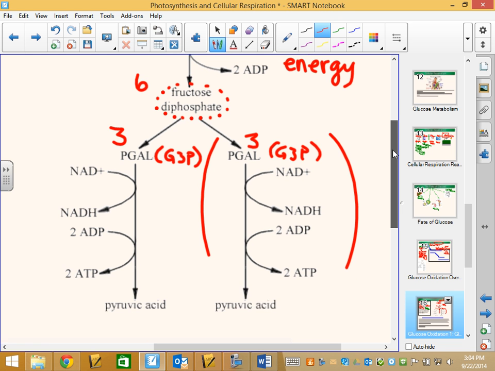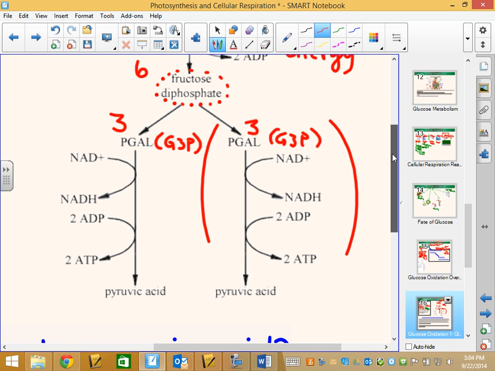So what happens? Each of those copies of pGal, or G3P, is going to reduce NAD to NADH and ADP to ATP. So notice here, I start out with NAD, I end up with NADH.